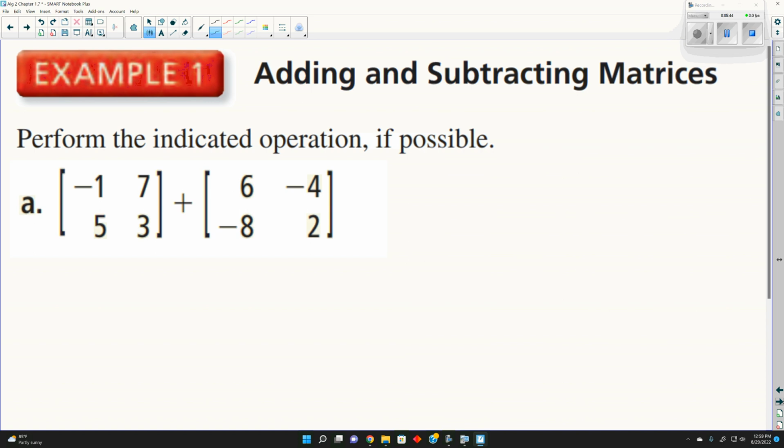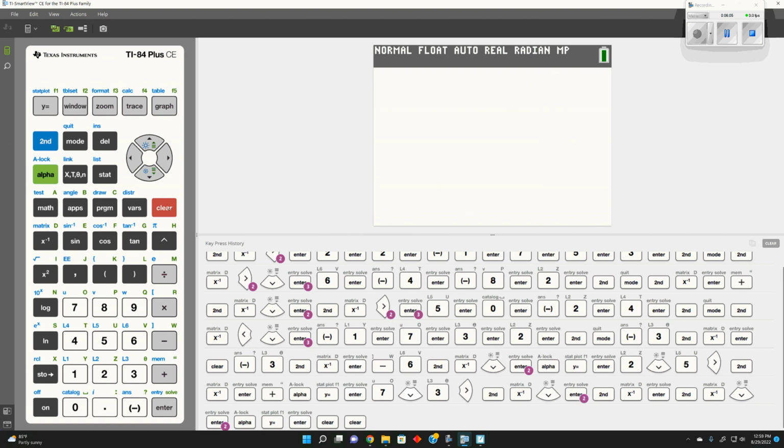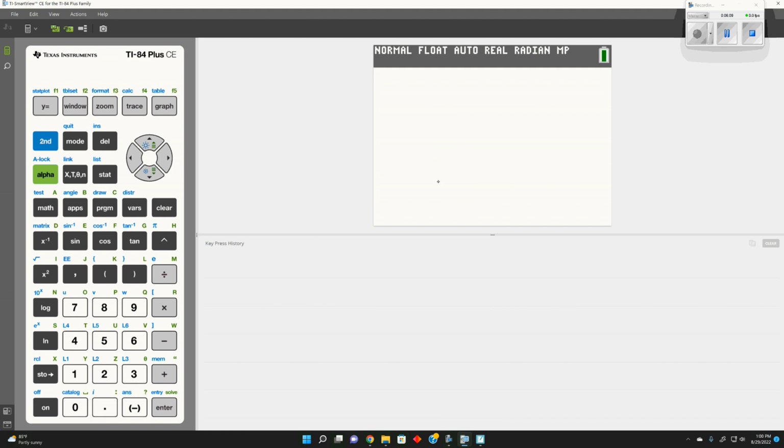We can actually do these in the calculator. Because what we can do is define this one here as matrix A, define this one as B, and then add them together. So if we wanted to do this on the calculator, I'll pull the graphing calculator up, we'll clear all that out, and I'll clear that key history.